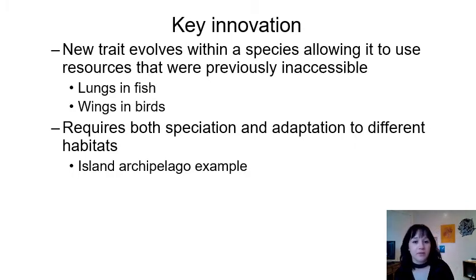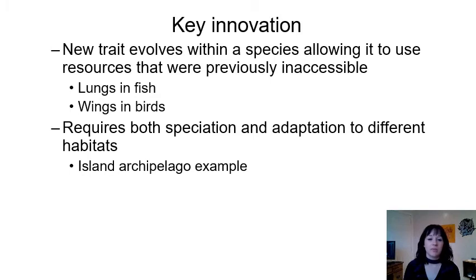There's also something that can occur called a key innovation, right? So this is a trait that occurs that makes a big difference for that species. So it's not necessarily making that subpopulation unable to mate with the other species in its population, but it's so special that it's giving it almost like superpowers, right? So for example, this would be things like lungs in fish or wings in birds, right?